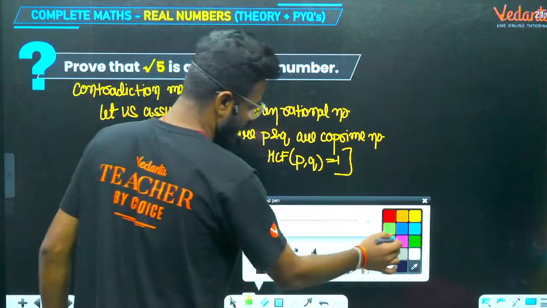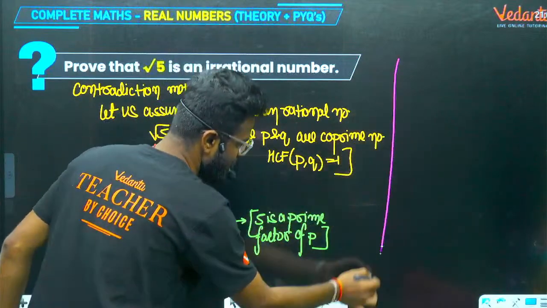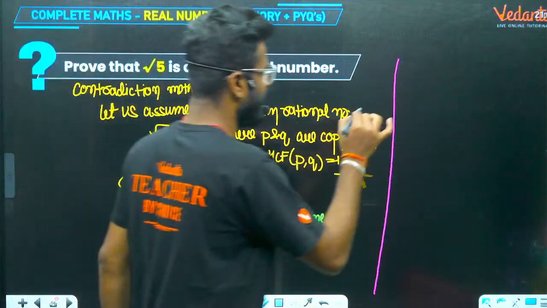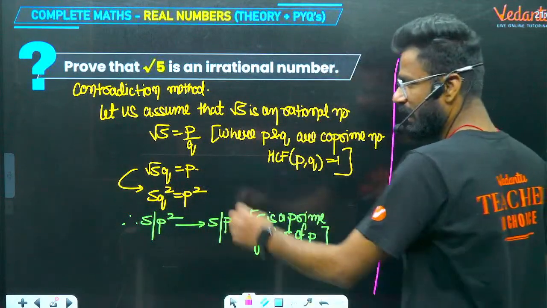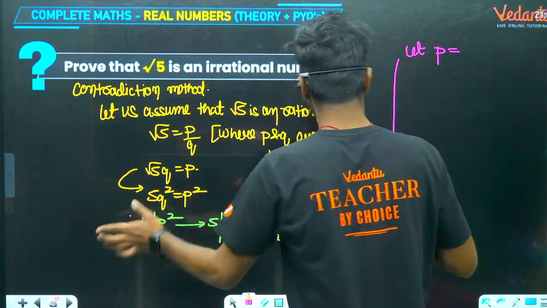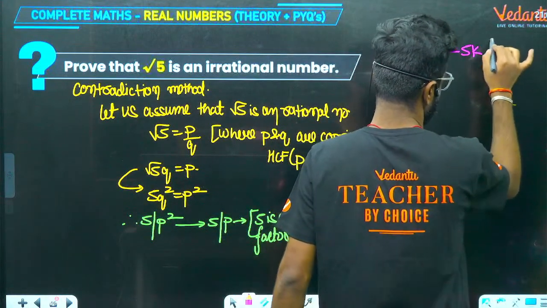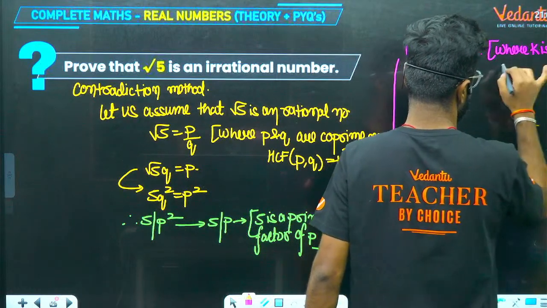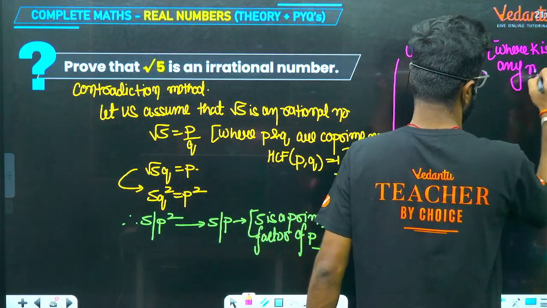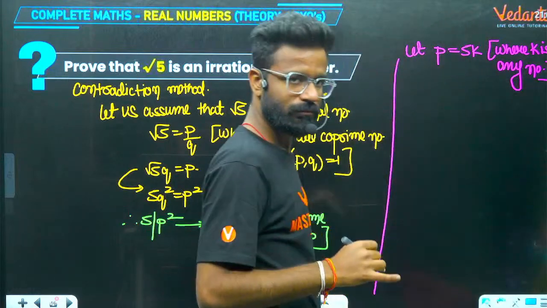In the same way, let P be equal to 5k, where k is any number. Right?